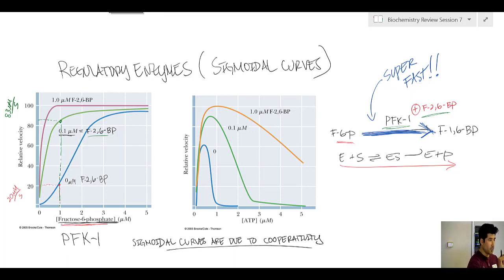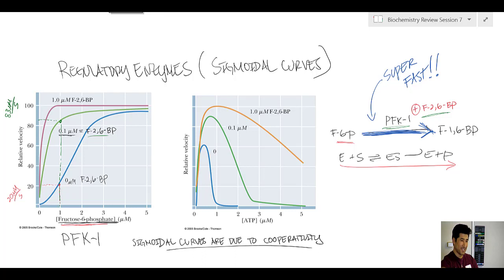Once you introduce an allosteric activator, what has just happened to the cooperativity? Has it increased or has it decreased? I realize that may be a little bit of a difficult question. Decreased.